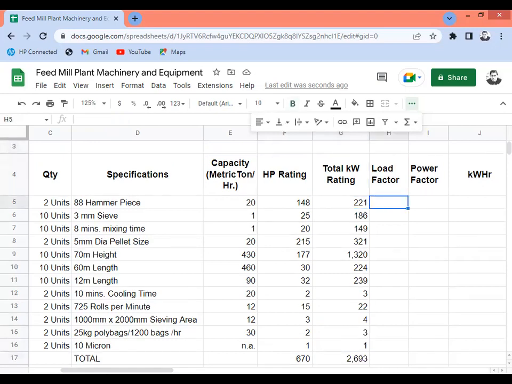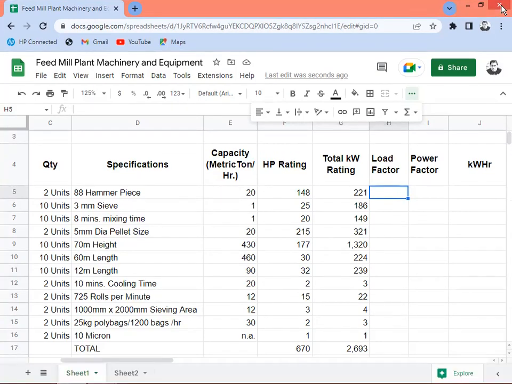Then, in my calculations, we're going to get an effective kilowatt hour. So we have to include the load factor and the power factor. What is the load factor? Actually, load factor is an expression of how much energy was used in a time period, like 8 hours or 24 hours, versus how much energy would have been used if the power had been left on during a period of peak demand.